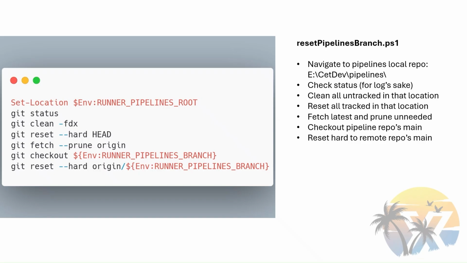Check out the PowerShell repo's main branch, and then reset hard our main branch to match origin. So all this does is at the beginning of every pipeline job, it is making sure that the PowerShell scripts are up to date.